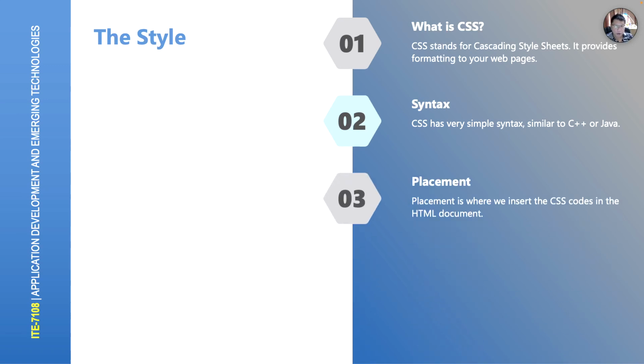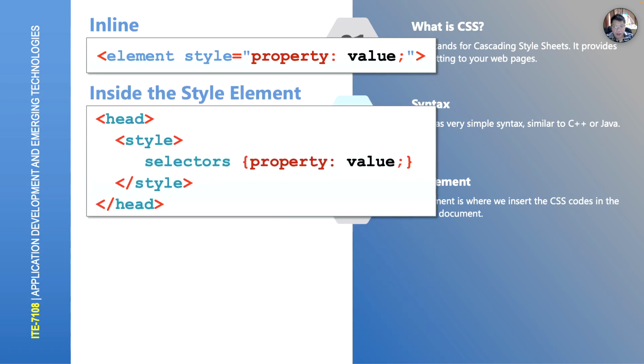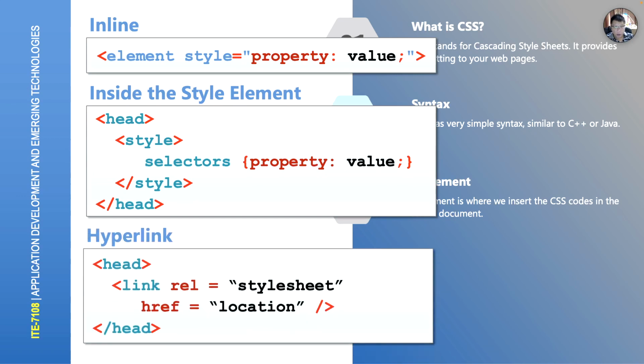Placement. Placement is where we insert CSS code in the HTML document. CSS can be inserted in HTML in 3 ways. It can be inserted inline, within the opening tag of the element, inside the style element under the HTML head section, or as a hyperlink inside the head section.